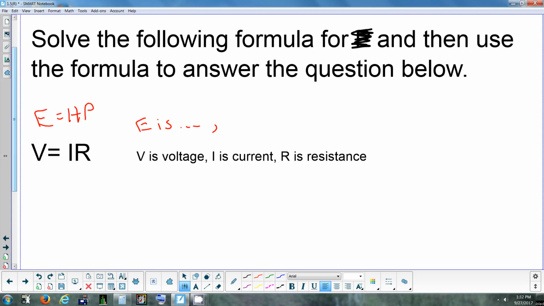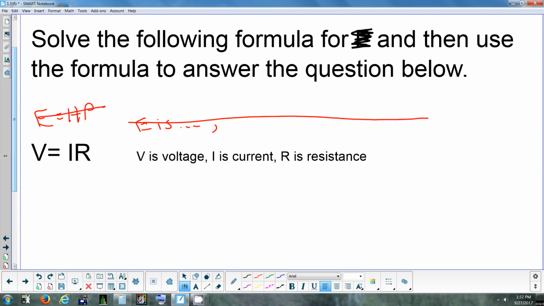Just cross all that out. All the stuff that's written on your sheet, cross it out and change it to V equals IR instead of E equals HP. And when it explains what everything means, cross it out and change it to this: V is voltage, I is current, R is resistance.